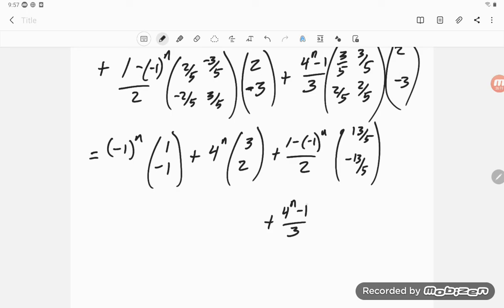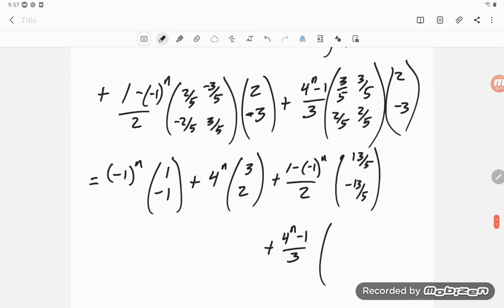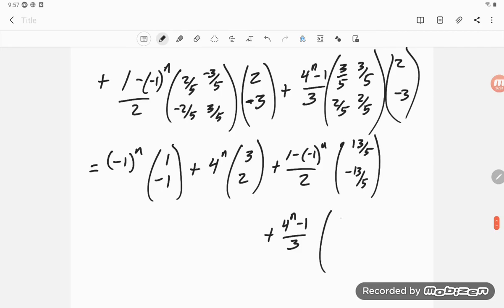And let's see if we get a ratio of 3 to 2 on this. We get 6, and minus 9 is a -3 over 5. And 4 and a -6 is a -2 over 5. So yeah, once again that is an eigenvector, just not the one we started with, and that's interesting.